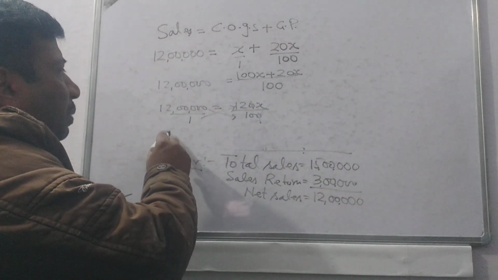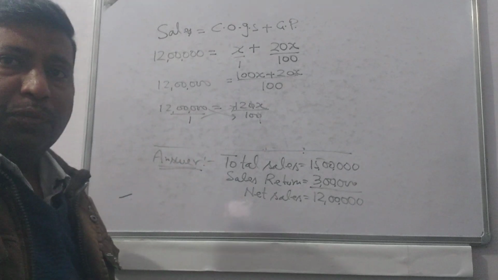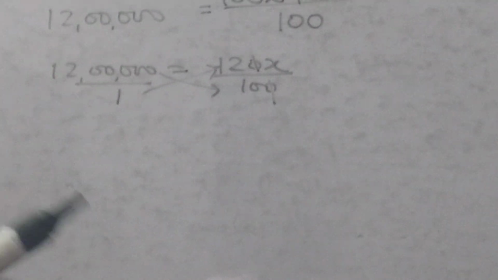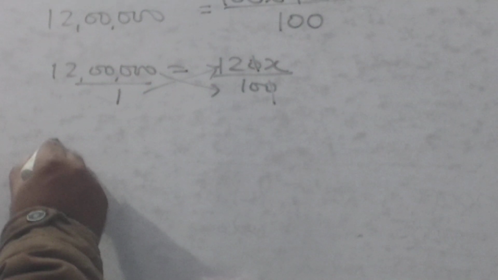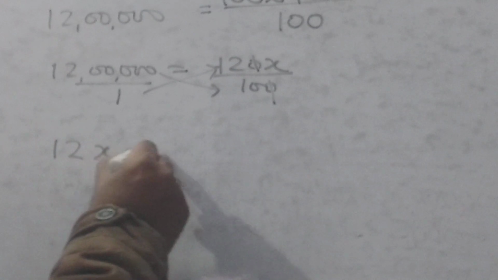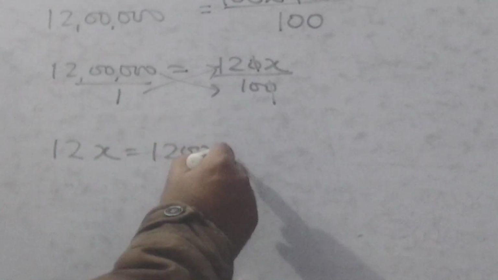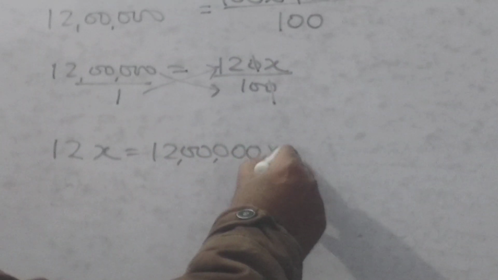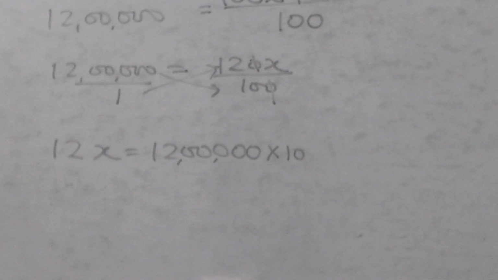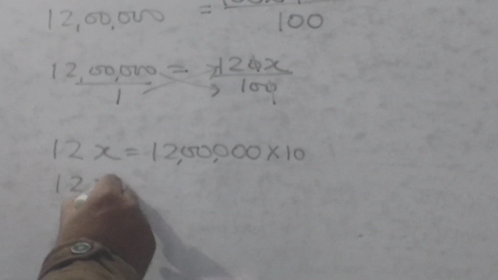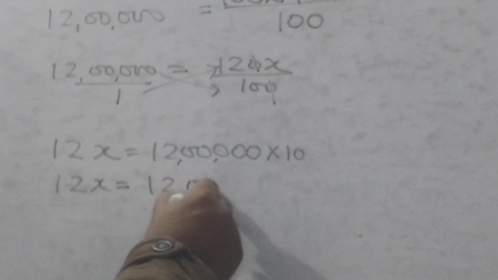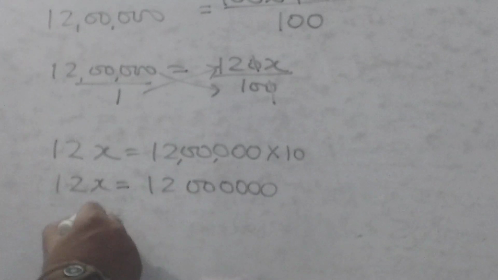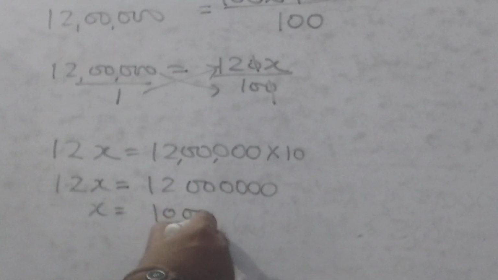So 12X must be equal to 12 lakhs multiplied with 10, because a zero has already been cancelled. So we have 12X equals 120 lakhs, and X must be equal to 10 lakh rupees.